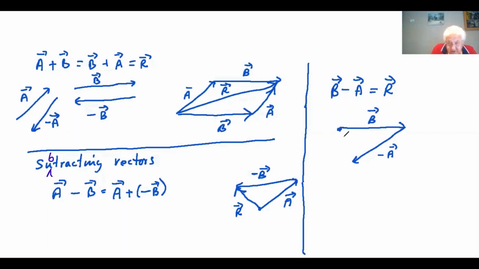This is the start position, and my finish position. Notice I've put them head to tail. You can see the R is now in the opposite direction. The magnitude, however, is the same.